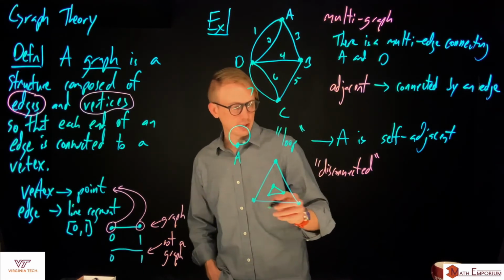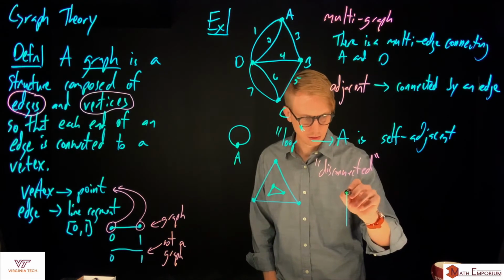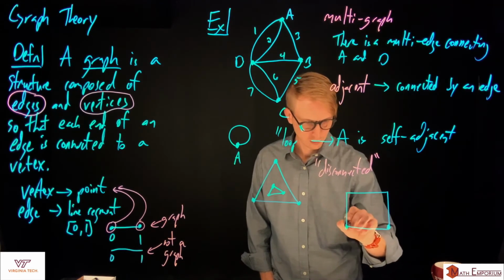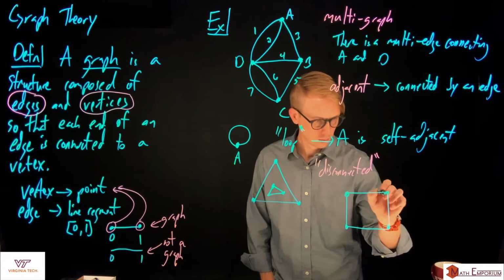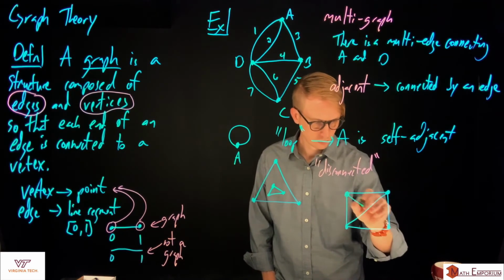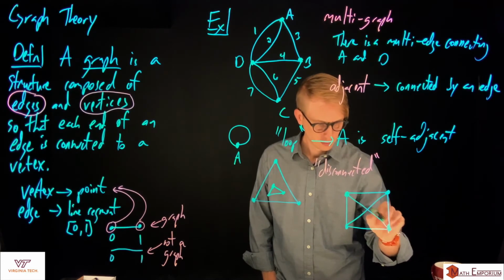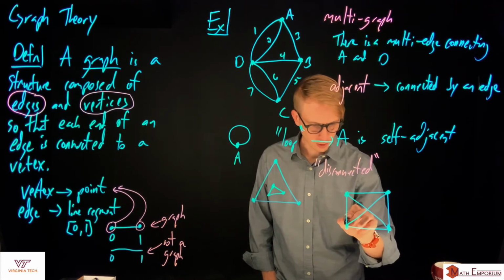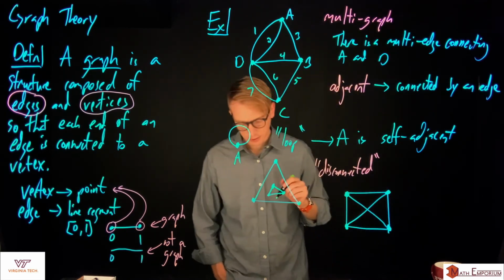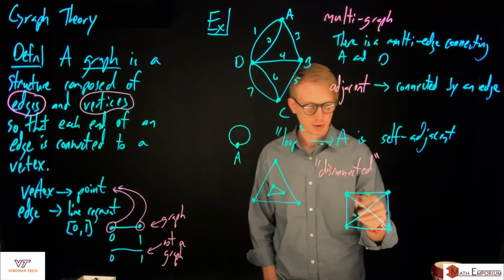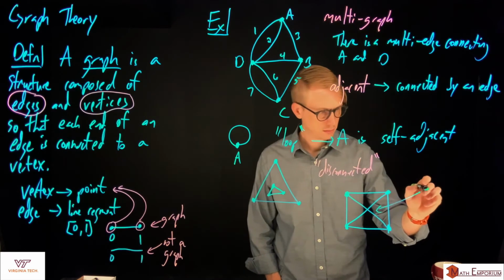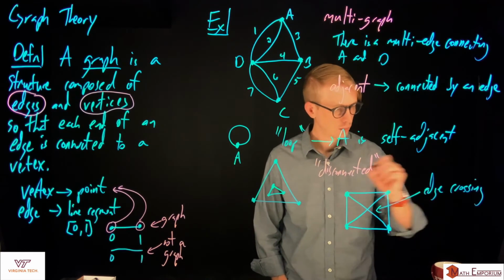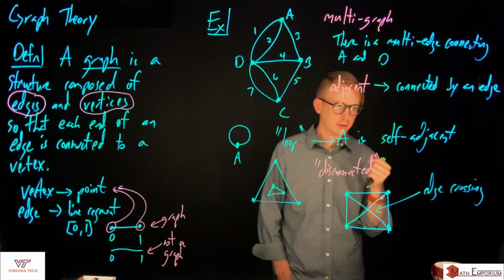Let's see, how about another example here? All right, this one has what you'd call an edge crossing. All right, typically not a big deal.